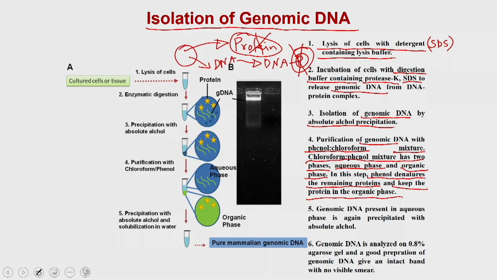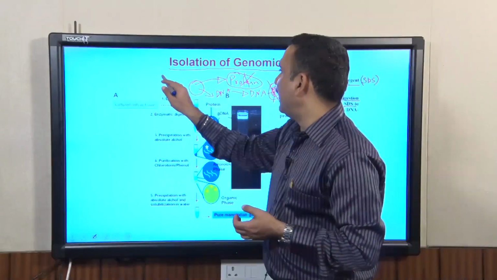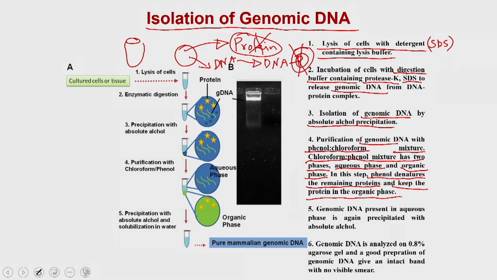So, once you do that, in your Eppendorf you are going to get two layers: on the top the aqueous layer, and at the bottom the organic phase.